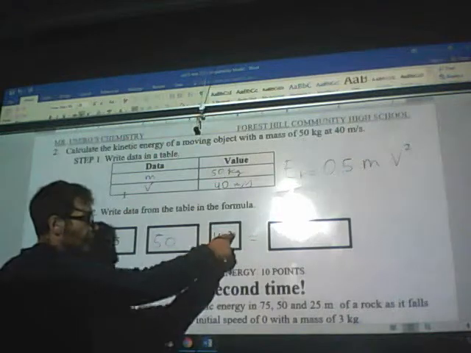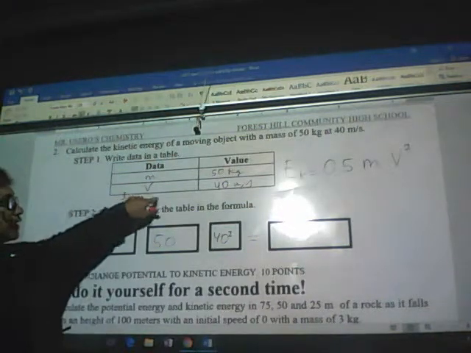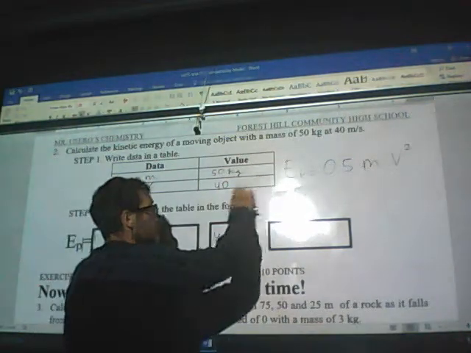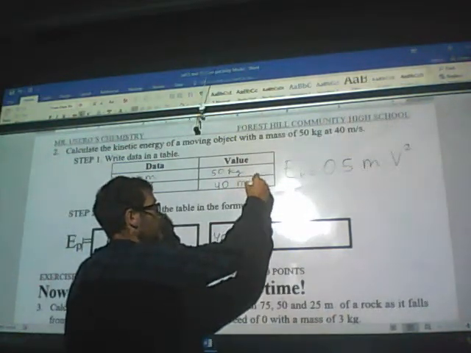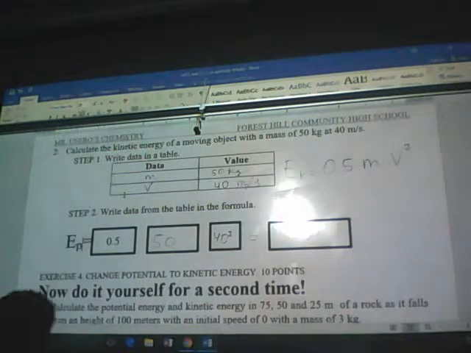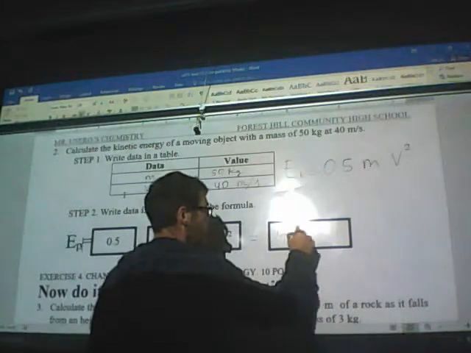Would be what? 40 squared. Yeah. The speed is 40 meters per second. Speed is measured in meters per second. This would be 25 times 40,000 joules.